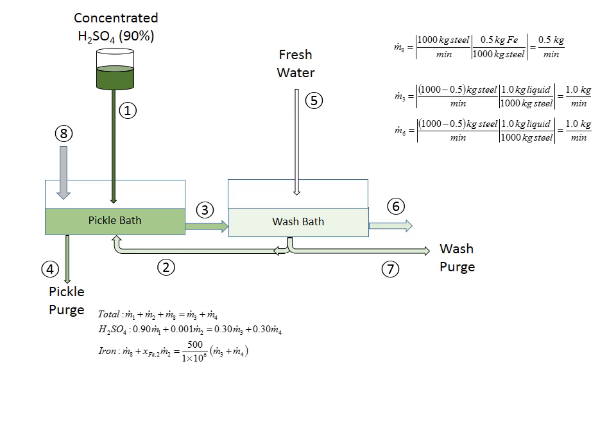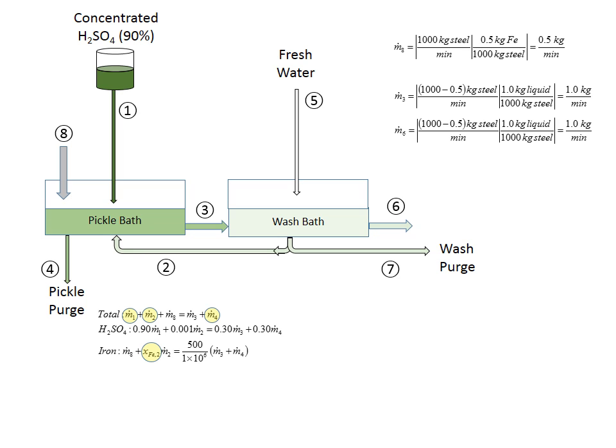And that should equal what's leaving. Well, we are targeting a concentration of 500 parts per million of iron in the pickle bath solution. So its mass fraction is 500 divided by 1 million. And we'll multiply it by the sum of the 2 flow rates, M3 and M4.